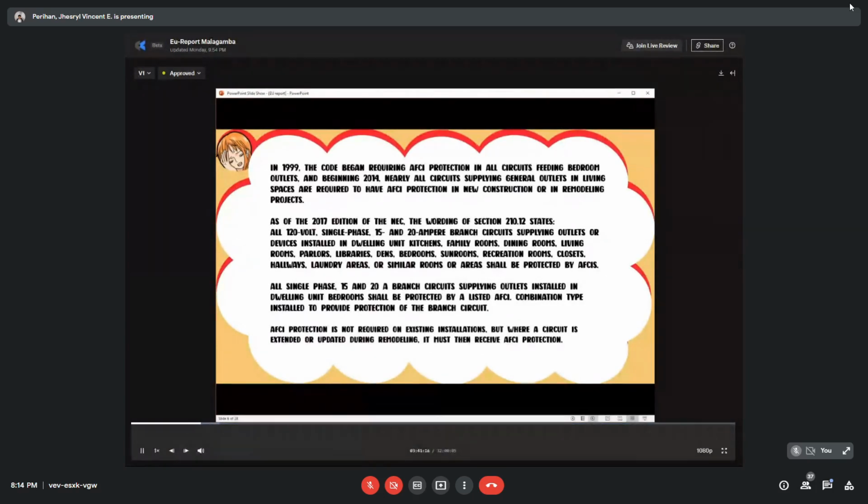So as of the 2017 edition of the NEC or the National Electrical Code, the wording of section 210.12 states all 120 volt single phase 15 and 20 ampere branch circuits supplying outlets or devices installed in dwelling unit kitchens, family rooms, dining rooms, living rooms, parlors, libraries, dens, bedrooms, etc., or similar rooms or areas shall be protected by AFCIs.